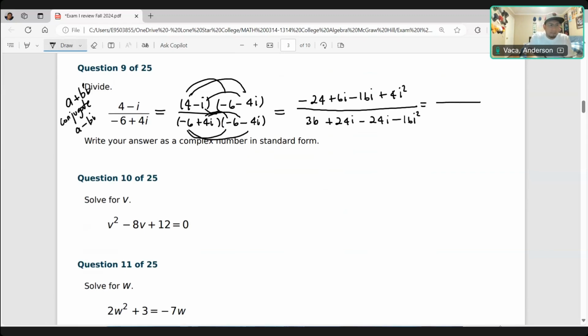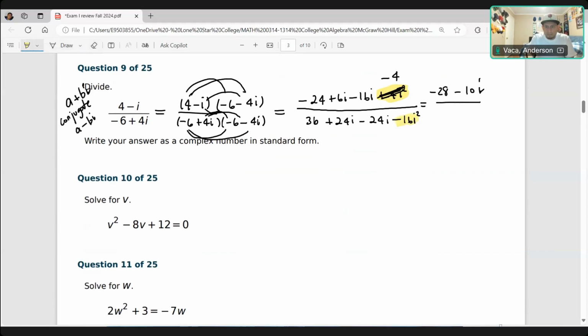First, let me fix this before I make a mistake. So notice that I highlighted, and instead of having positive 4, I write negative 4. So we get negative 28. And then this is 6 minus 16, which is negative 10i. Here, same thing.